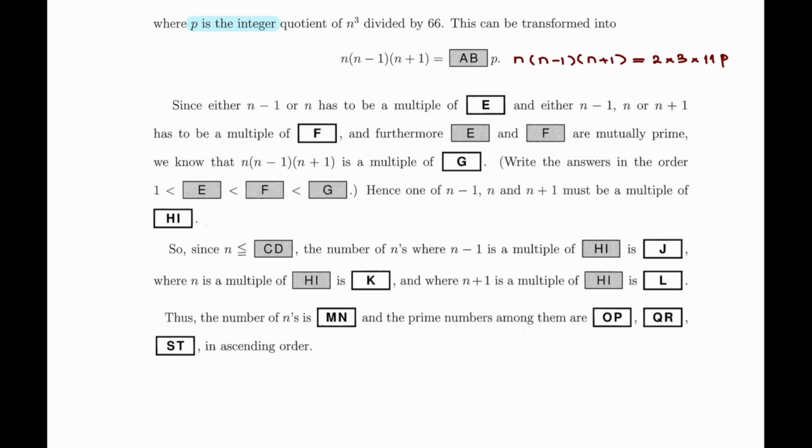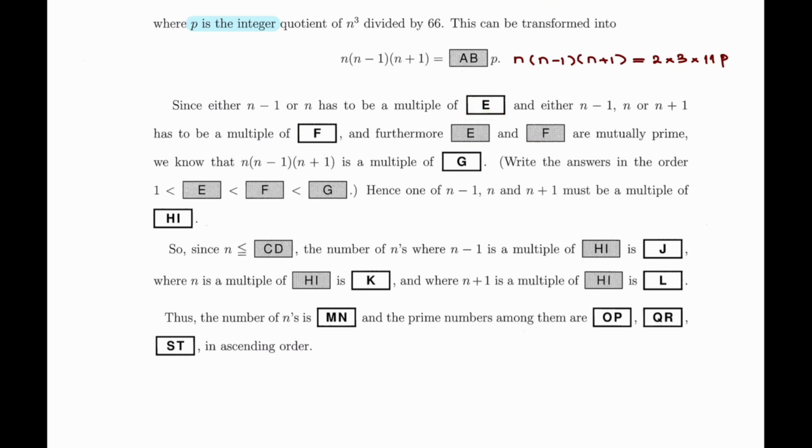And if you see here, E and F are mutually prime, so E and F here are prime numbers. So n minus 1 and n has to be a multiple of either 2, 3, or 11. Of course, my answer is not 11. Why? Because E is only a one-digit number. So here E is either 2 or 3.